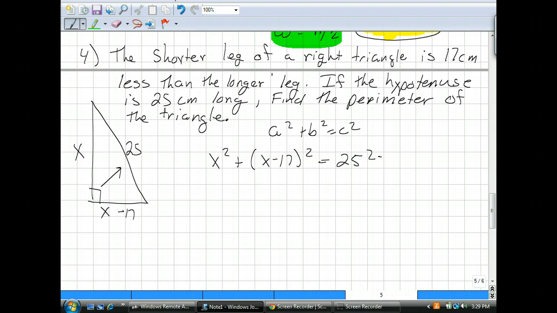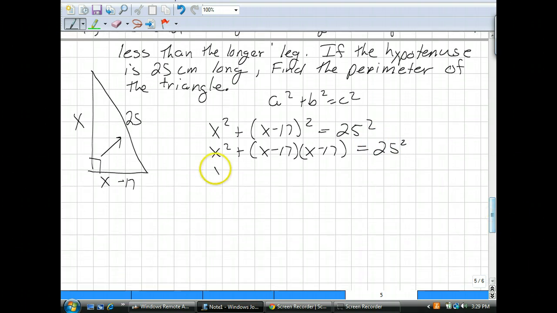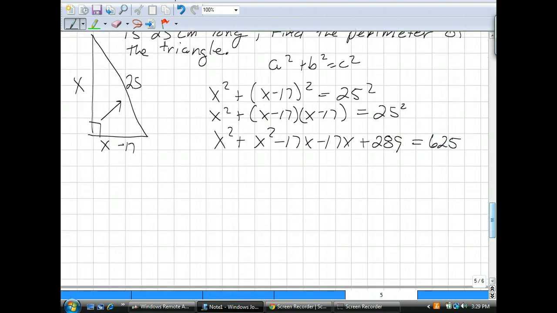So there's our equation. We have to FOIL this one out. So we get x squared plus x squared minus 17x minus 17x plus 289, because 17 times 17 is 289, equals 625, because 25 squared is 625.